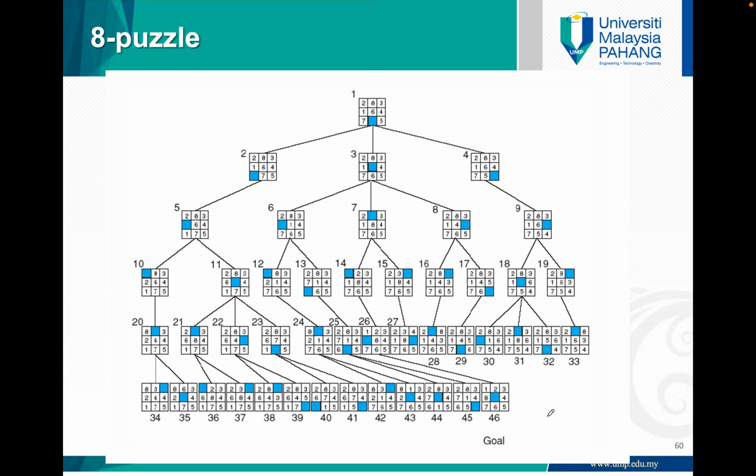Do not create paths with cycles in them, and do not generate any states that were ever created before. The net effect depends on the frequency of loops in the state space. The more loops in your state space, the longer it is going to take.